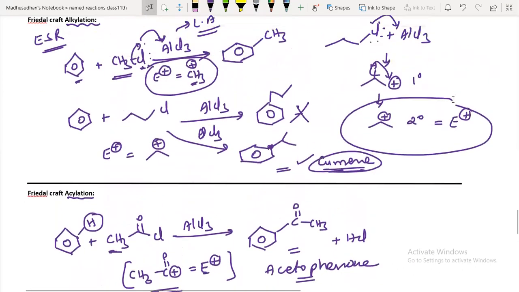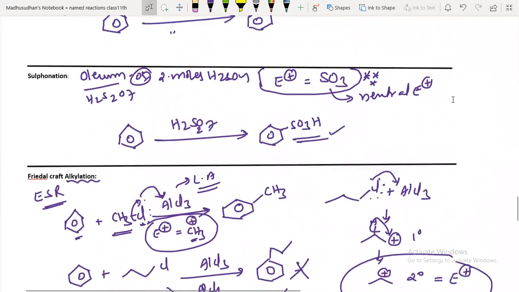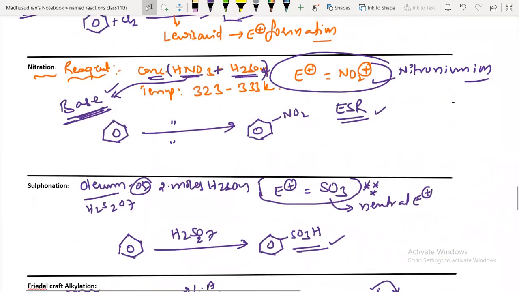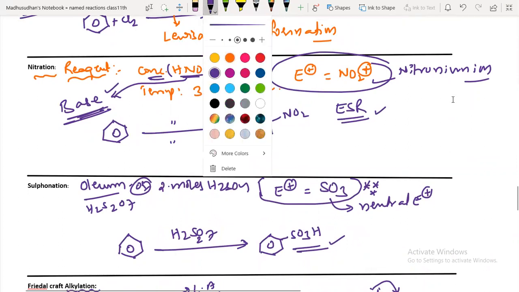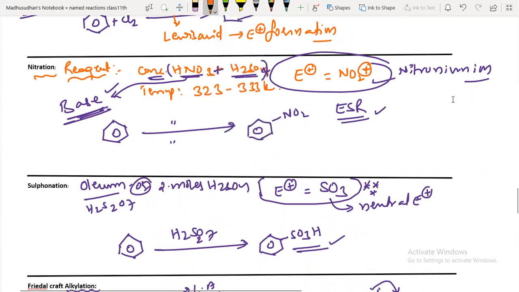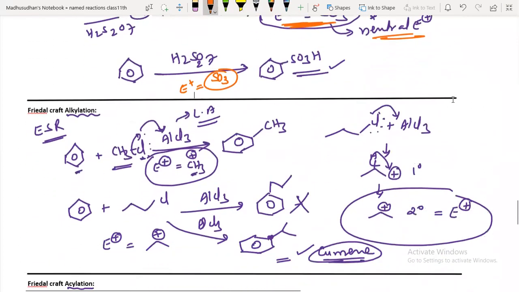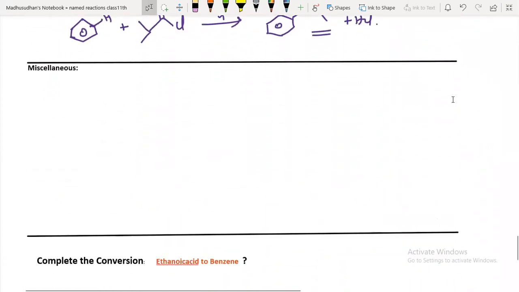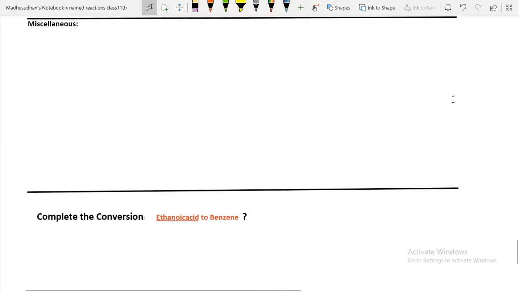In all these cases, the electrophile is the most important intermediate. And one of the frequently asked ones is that the sulfonation electrophile is SO3. SO3 is the electrophile in the sulfonation reaction. Don't forget this.